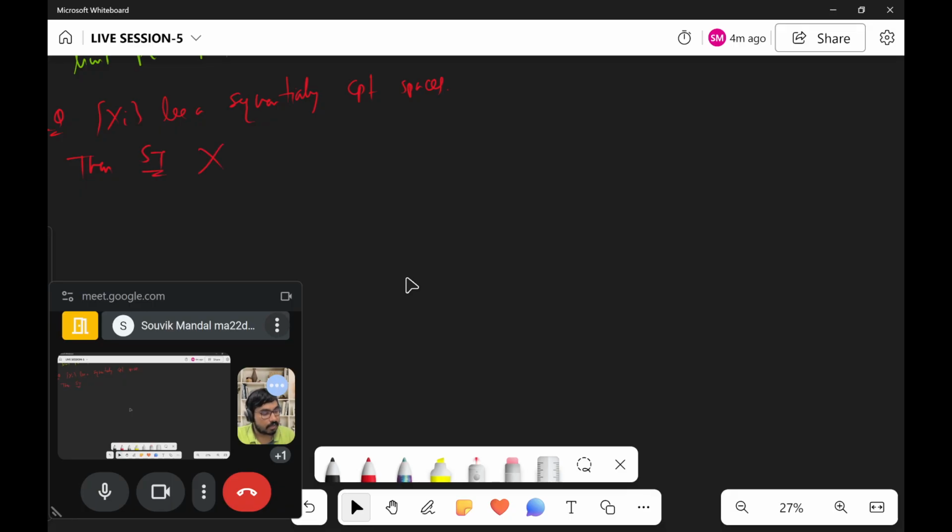Then show that X equal to the product over X_i is sequentially compact.